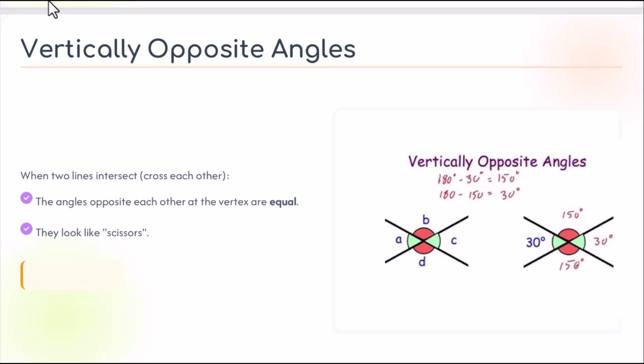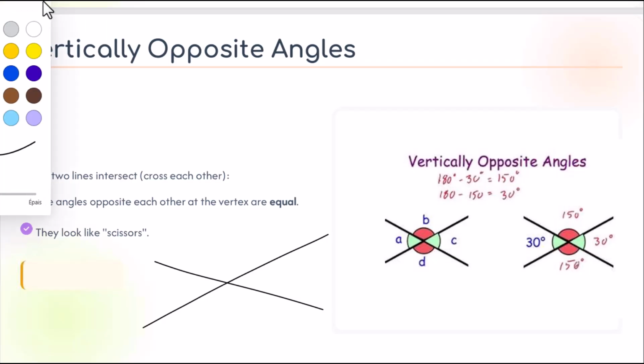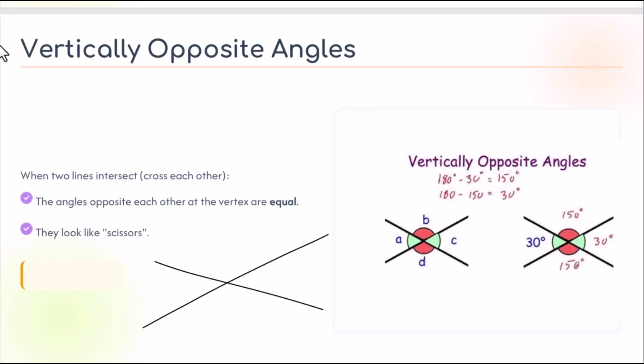So the second property is, let's say that we have two lines across, intersection de deux droites. Vertically opposite angles are equal.